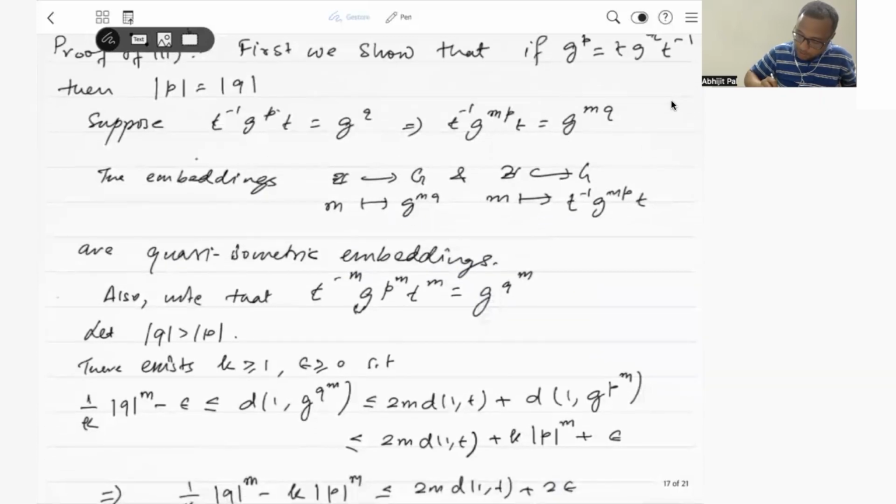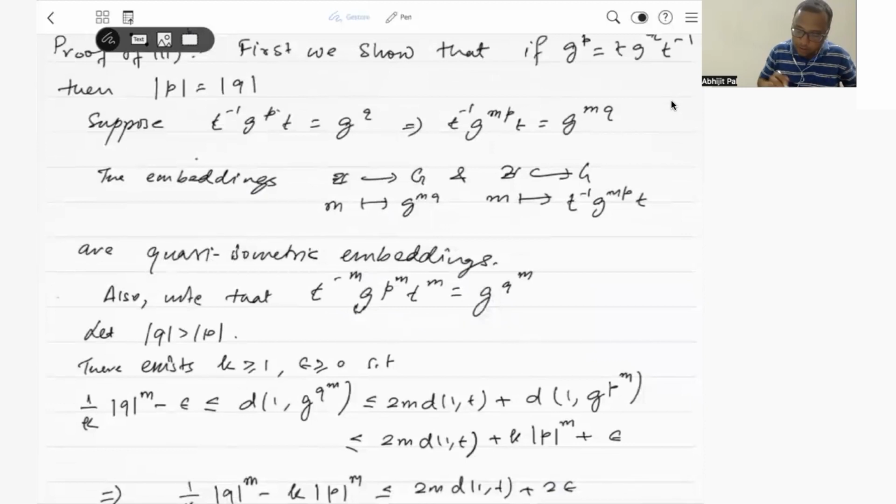Also observe this: t to the power minus m, g^p to the power m, times t to the power m, is equal to g^q to the power m. This is an exercise.